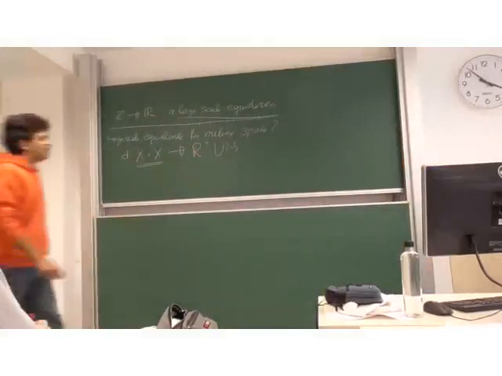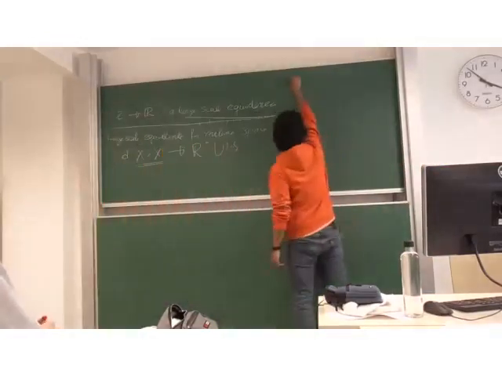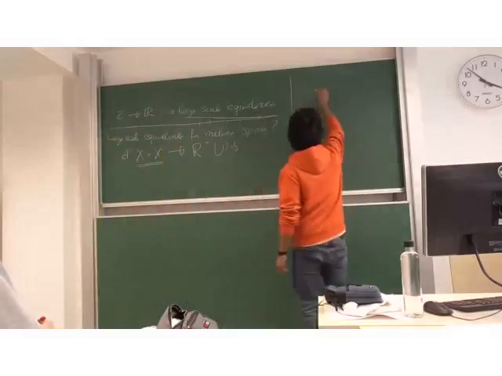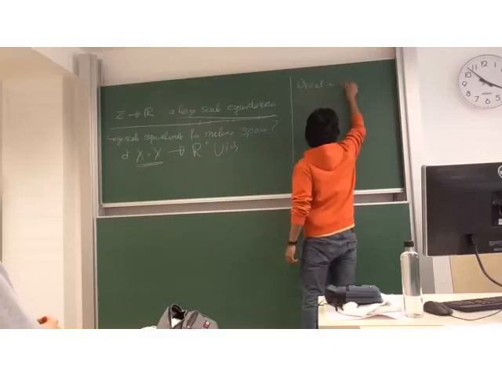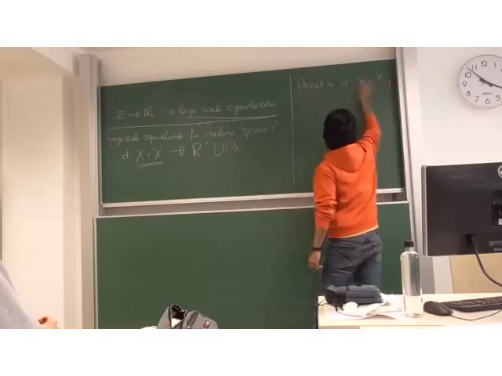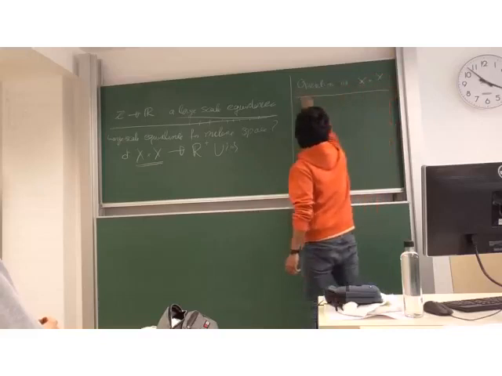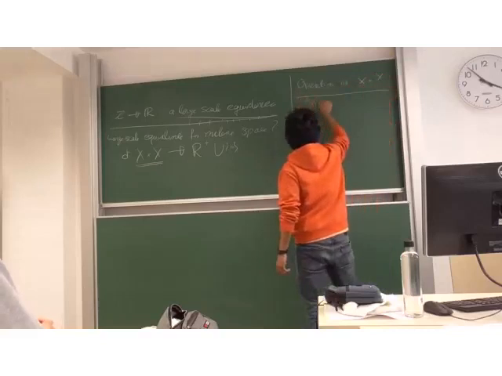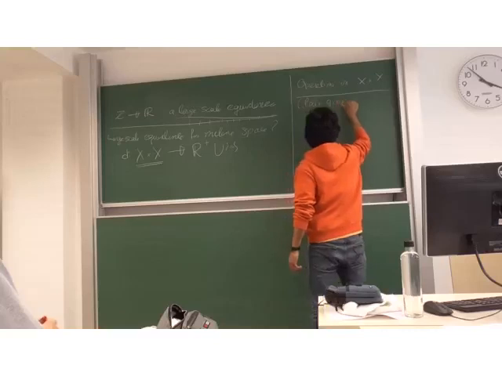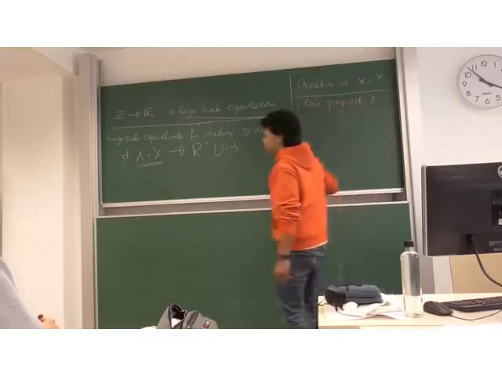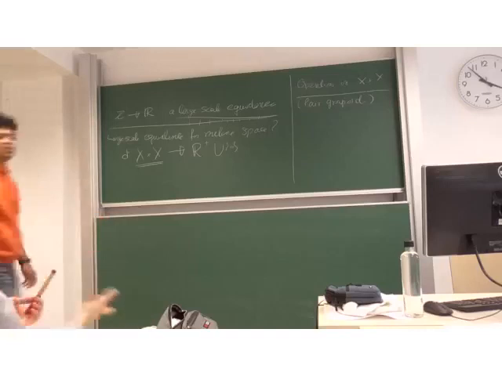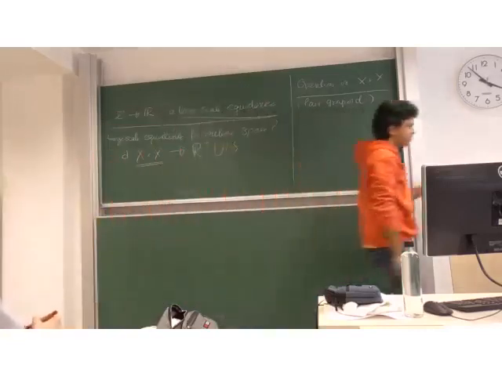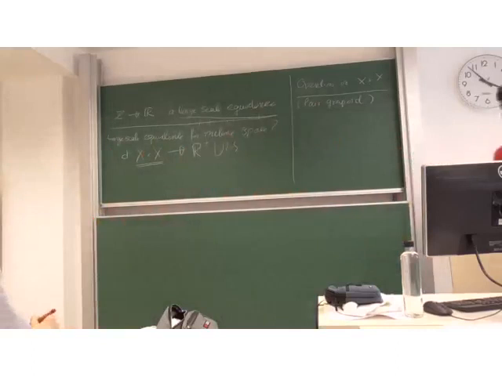So what operations can you do on X cross X for any set X? There is a jargon for it which we will not use: it's called a pair groupoid. For people who care, this is the jargon, but we are not going to use the groupoid lingo for the course, just so we know.